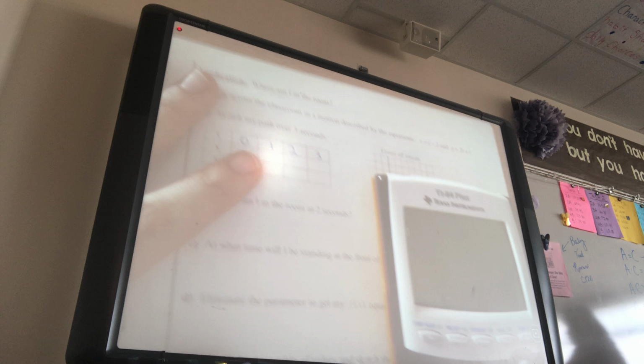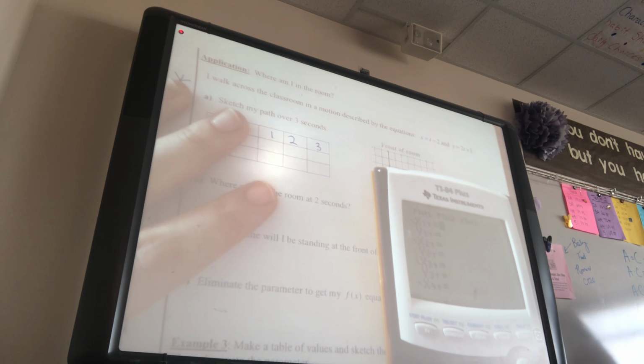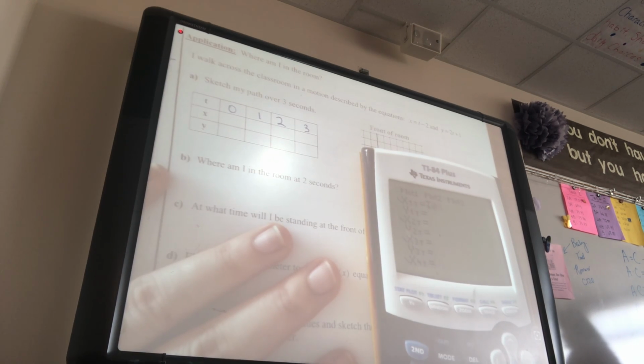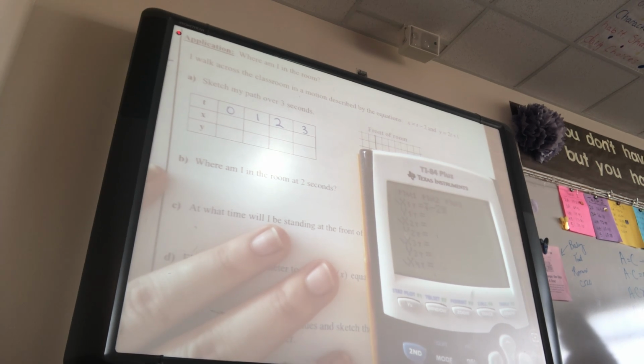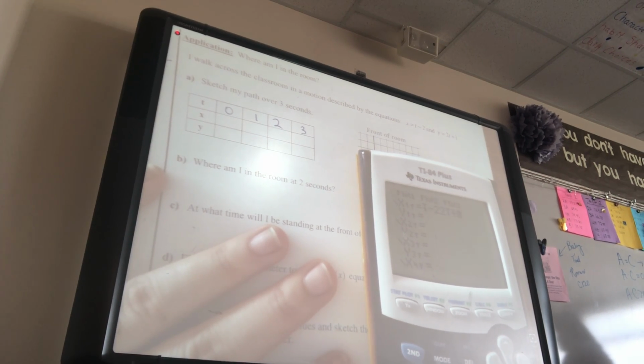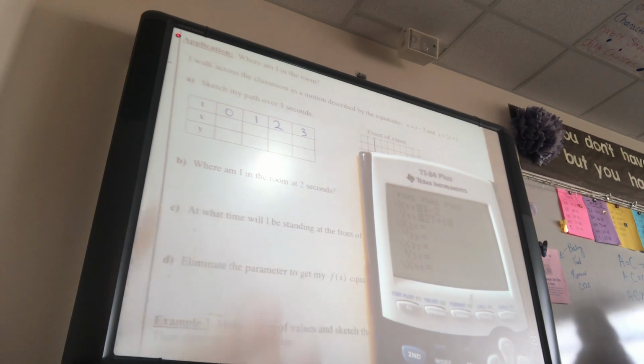I can stay in parametric mode the whole time, and I can just enter the equations exactly as I see them. So here, x is equal to t minus 2, and y is equal to 2t plus 1. Oops, I did that all wrong. 2t plus 1. You all with me there?